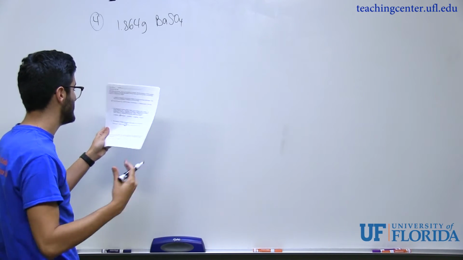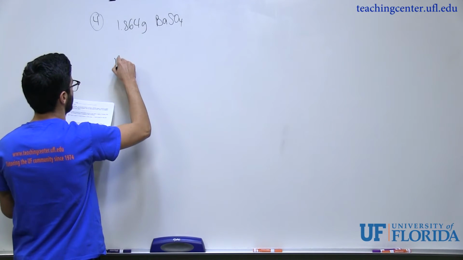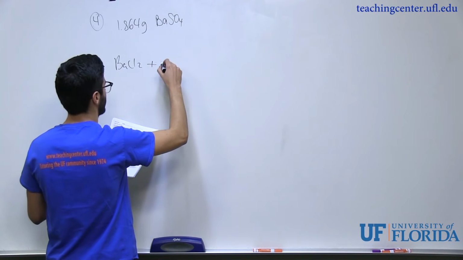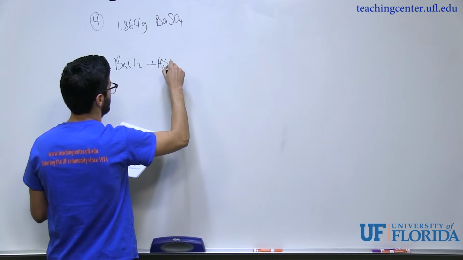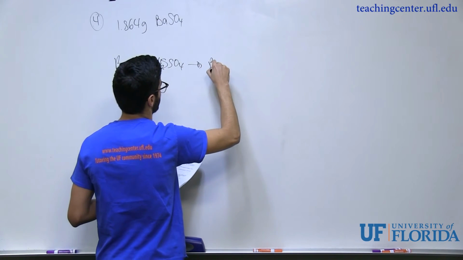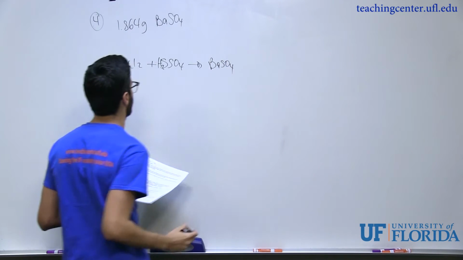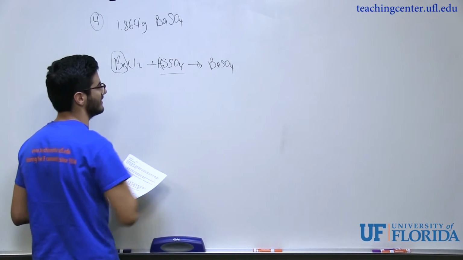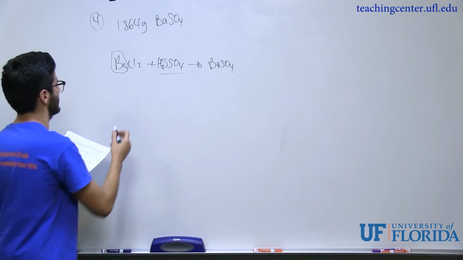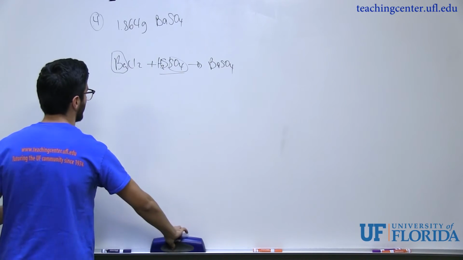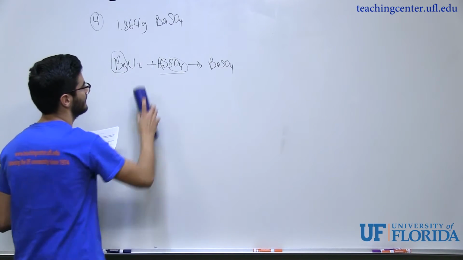I had BaCl2, I threw in some H2SO4, and I made BaSO4. Our limiting reactant must have been the barium, because I had excess of the sulfuric acid, so the barium ran out first. With the sulfate, I made my barium sulfate. We're just precipitating out the barium.